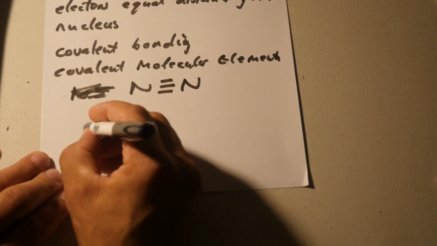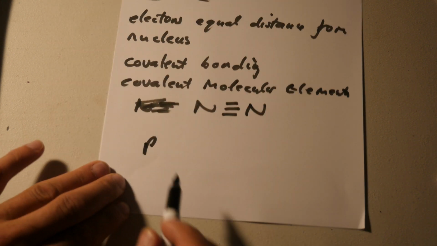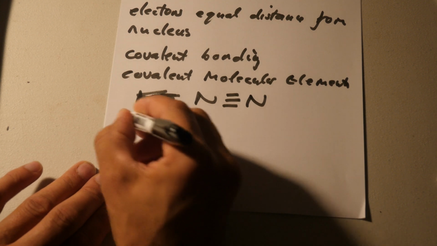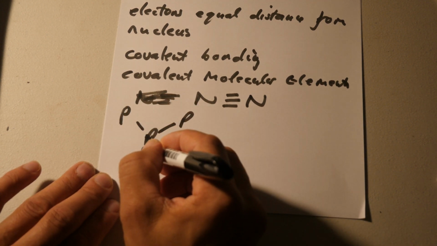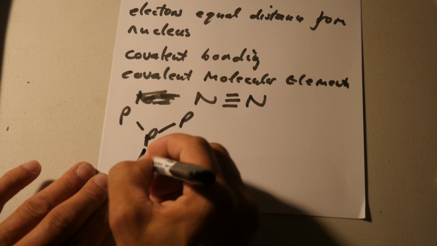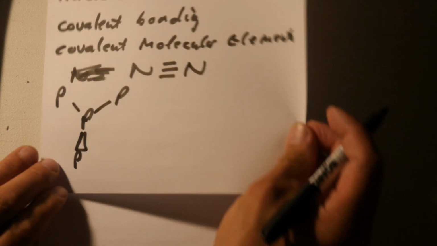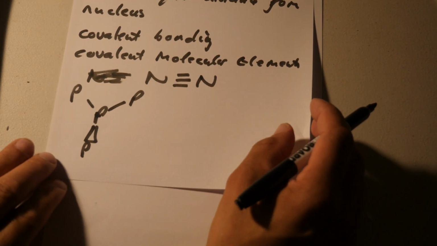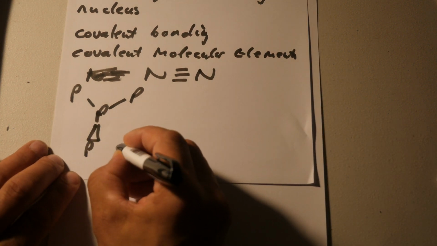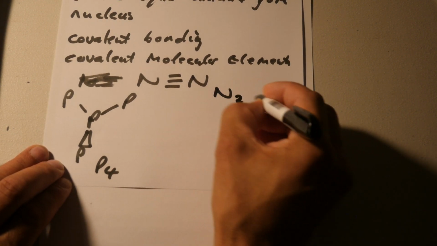You've also got phosphorus, the element phosphorus, which forms P4, okay, and that's N2 gas, okay.